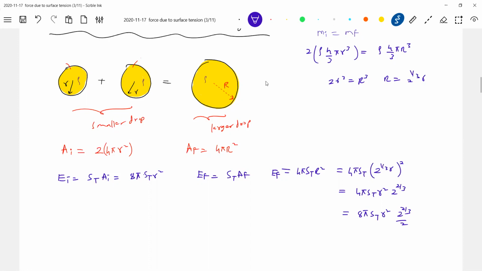So how much should it be? 8 pi ST r square, I'll write it as EI. So 2 to the power of 1 by 3, the cube root of 2. Tell me, which energy will be more? Does the surface area increase or decrease? So here it is 2 to the power of minus 1 by 3. Okay, this will become.